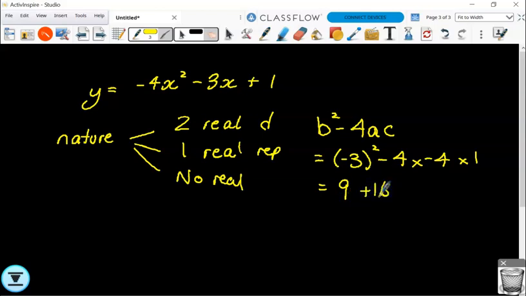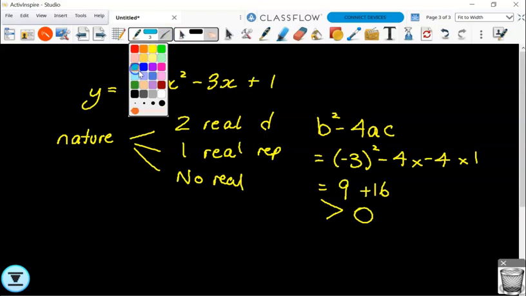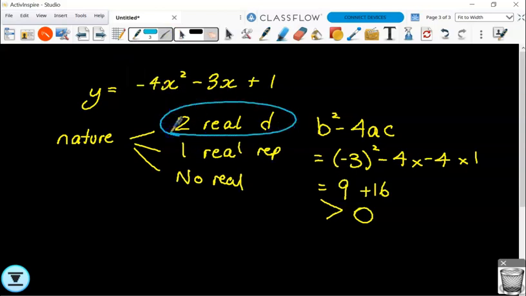I don't even care what that answer is. All I worry about is that it is greater than 0. So I can then say, what is the nature of my roots? 2 real distinct. Obviously, if I work this out and it was less than 0, then I'd say, no real. We happy with that?